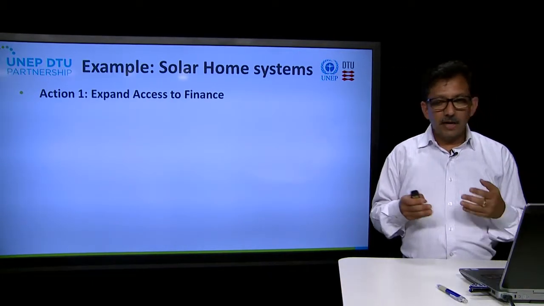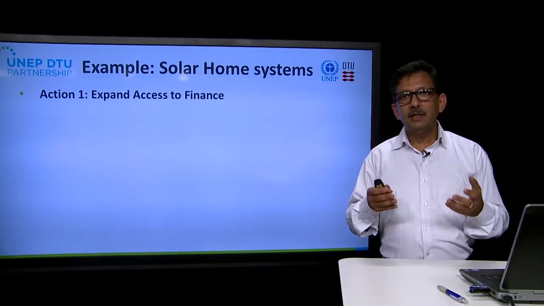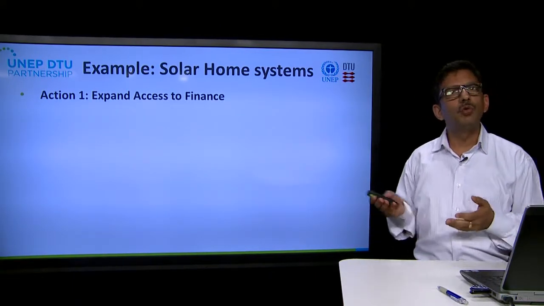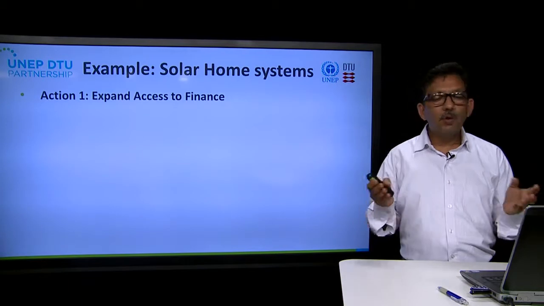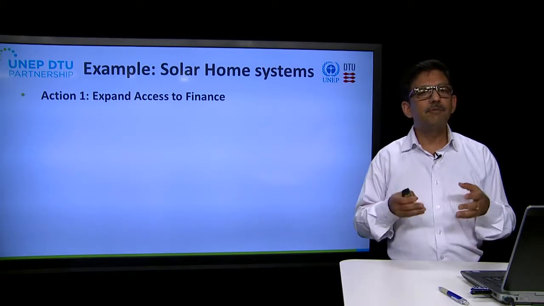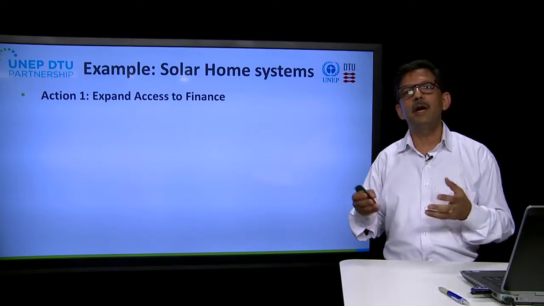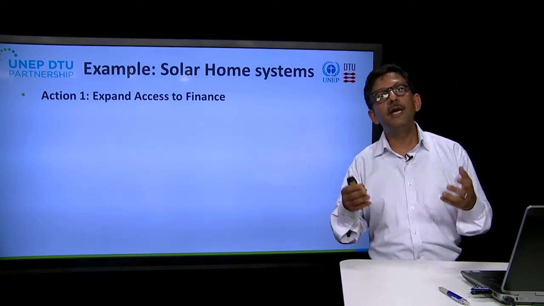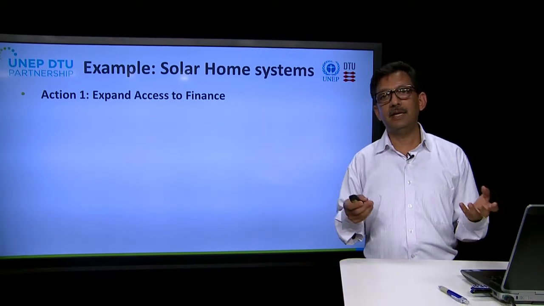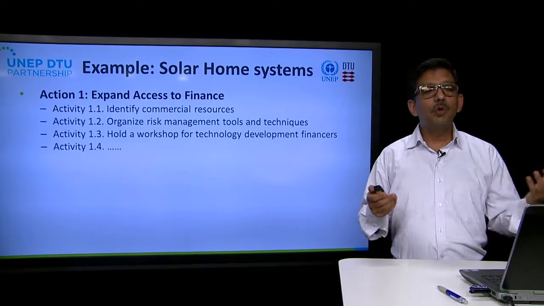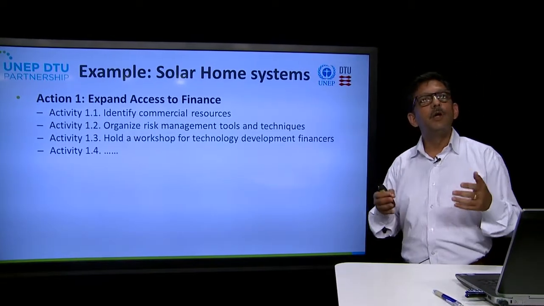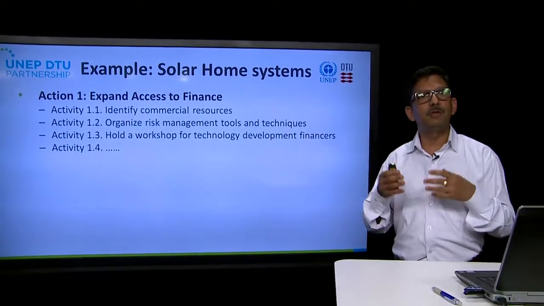Now let us expand on this using the same example of solar home systems. We found in the previous slide that the action which was prioritized by the stakeholders was related to expanding access to finance. What does this exactly mean? We could divide this into a number of activities which are more specific and more precise.